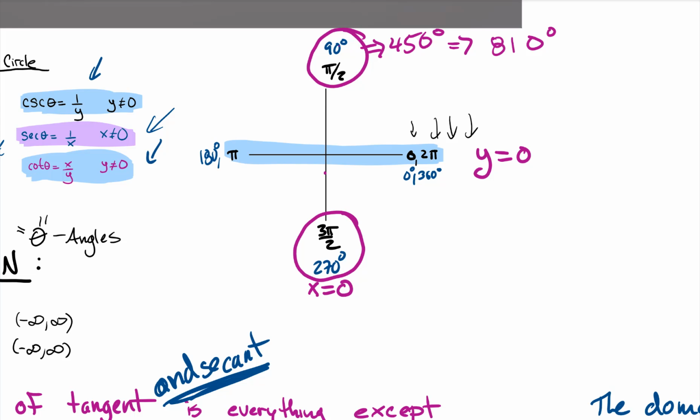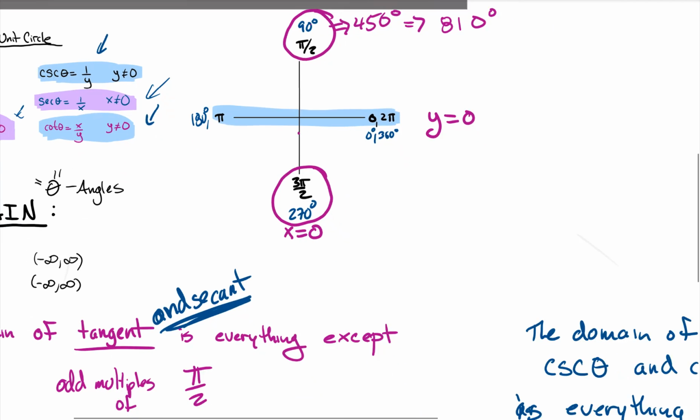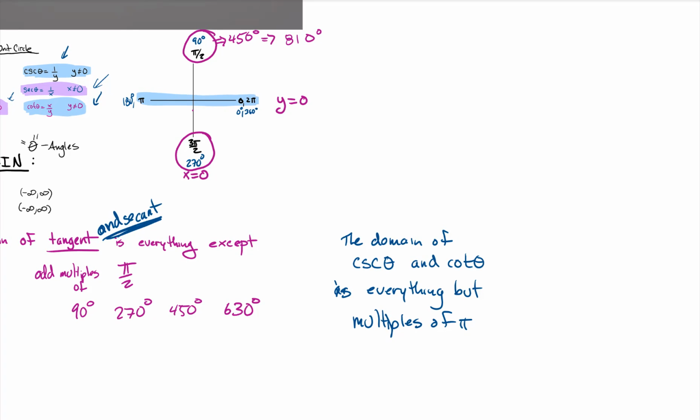So anything with no denominator, well, actually it's got a 1 in the denominator, those are really bad for cosecant and cotangent. We could also write it as multiples of 180 degrees. So that's the start. What are we allowed to plug in?